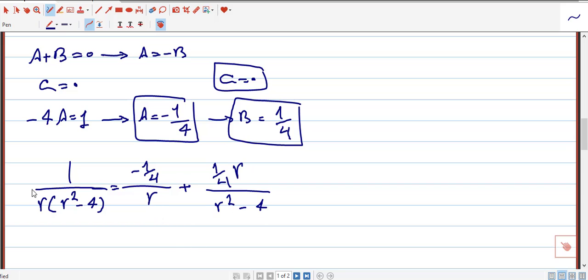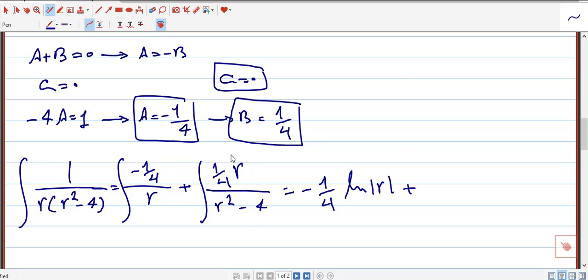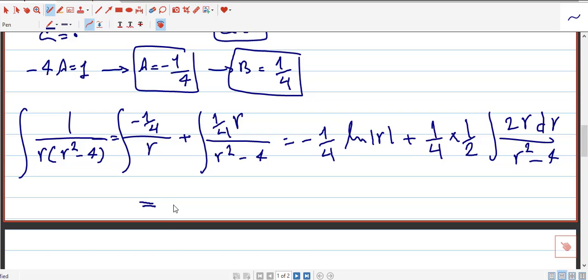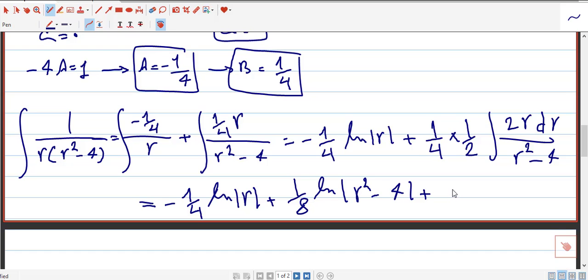So if I integrate both sides, it is equal to minus 1 over 4 ln r plus, rewriting this as 1 over 4 multiply 1 over 2 integral of 2r dr over r squared minus 4. So I can write it equal to minus 1 over 4 ln r plus 1 over 8 ln of r squared minus 4 plus a constant such as c.